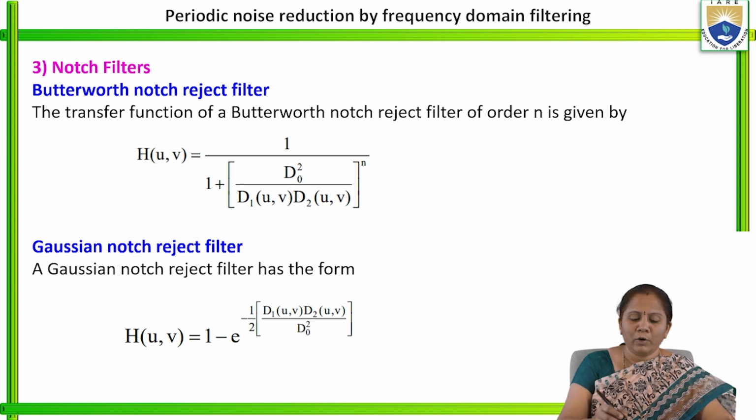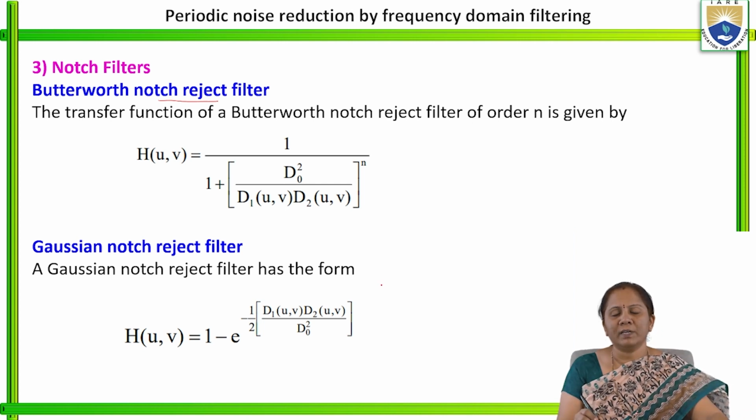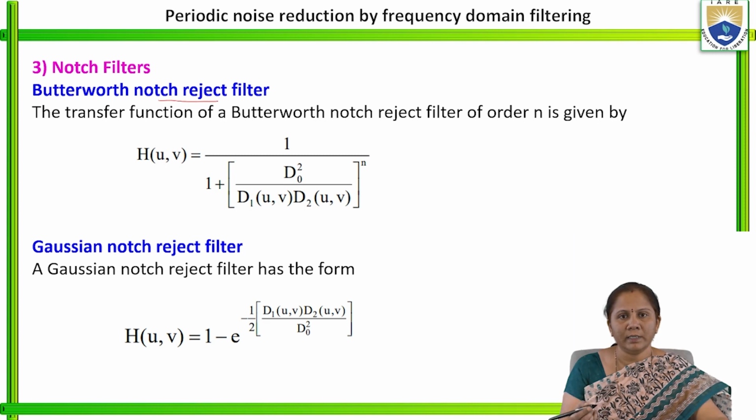And the second type of notch filter is the Butterworth notch reject filter. Whether it is band reject, band pass or notch filter, Butterworth depends on the order of the filter, which is represented as n. Based on that, it is going to produce the transition.